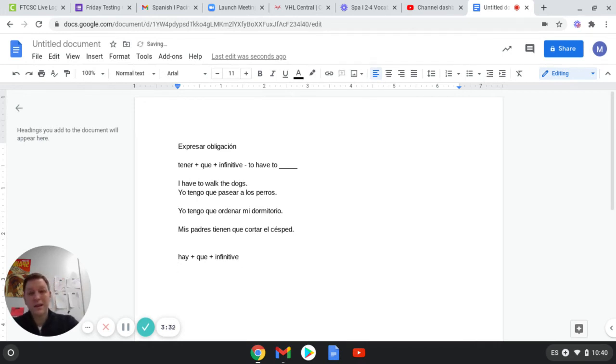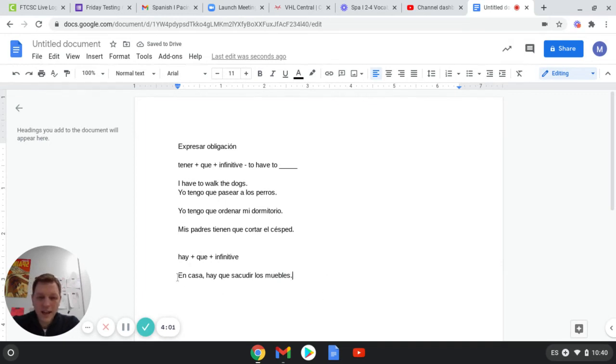Let's try hay que. Hay que means one must do blank, or it is important to do blank. It doesn't translate great into English, but it's saying that something has to be done without saying who has to do it. So en casa, at home, hay que, what's something that has to be done at home? Hay que sacudir los muebles.